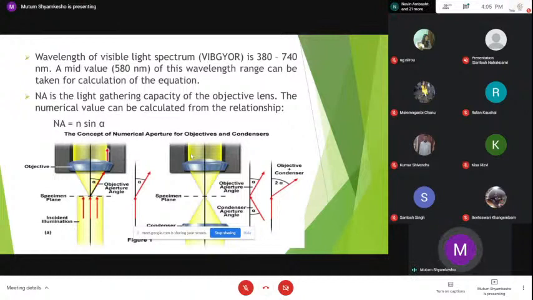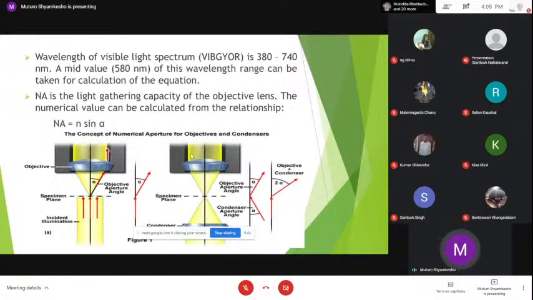The numerical aperture can be calculated from the relationship NA is equal to n sine alpha, where n is the refractive index of the medium between the specimen or the object and the objective lens of the microscope. The multiplication between this value and the sine value of alpha gives the numerical aperture of this objective lens.